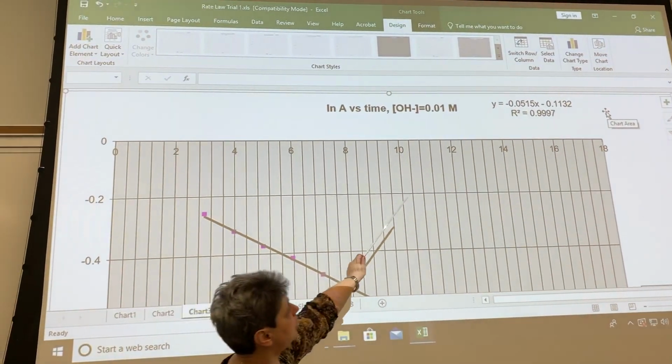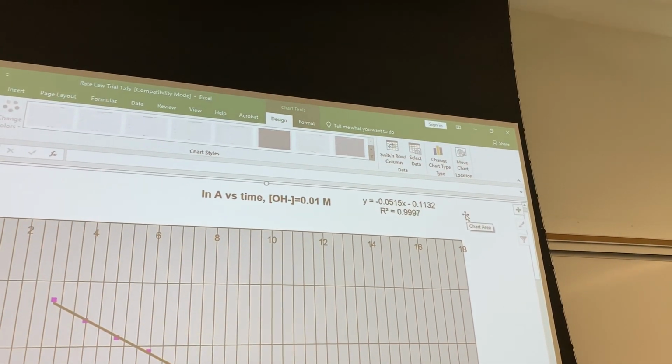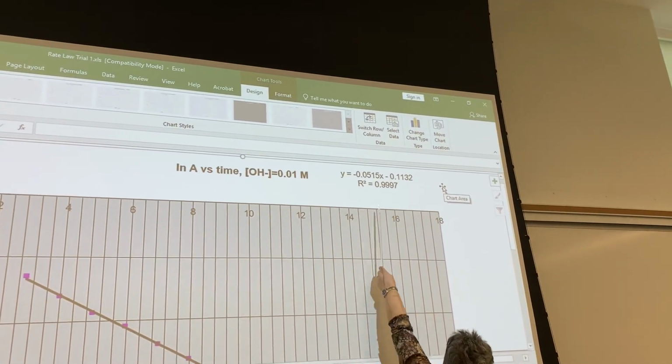Now you see the equation of the line that I also got? So what is the slope for this particular graph? As you can see, the slope is right here in front of the x.